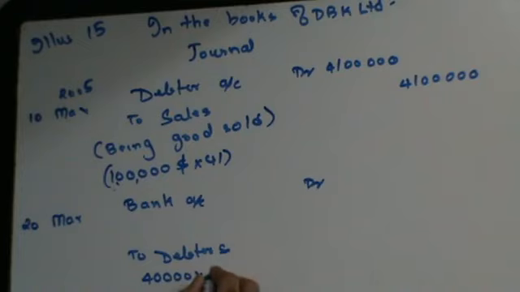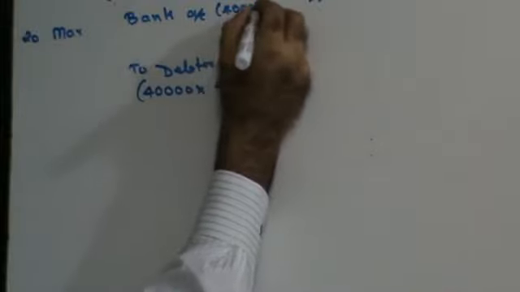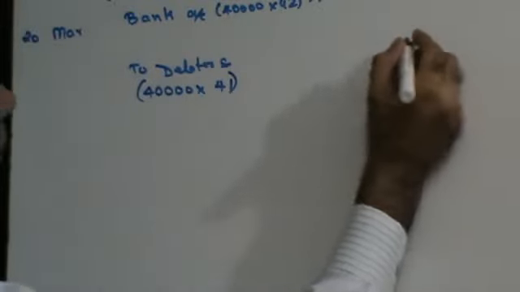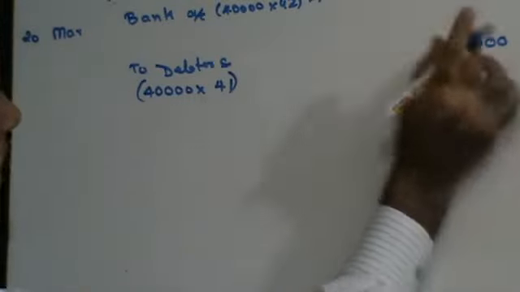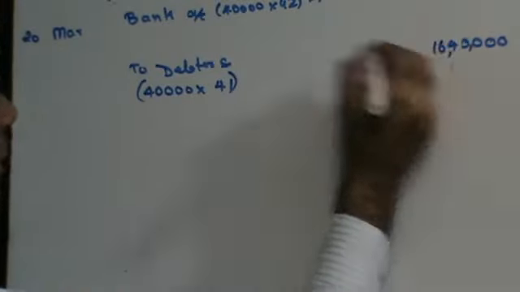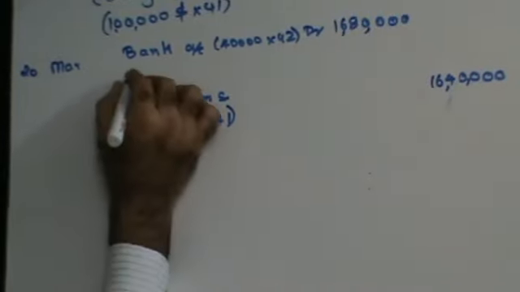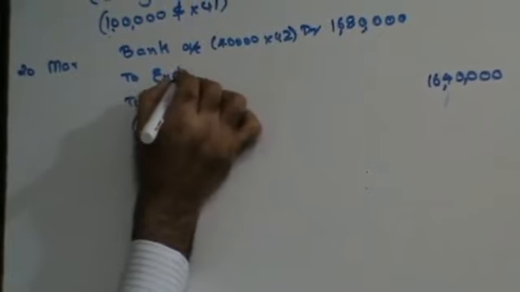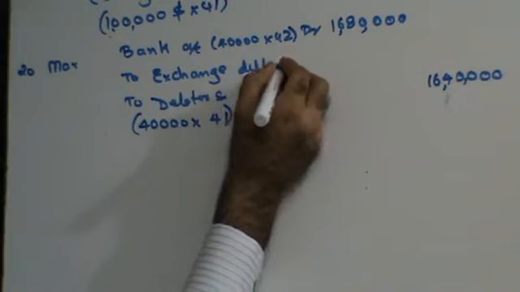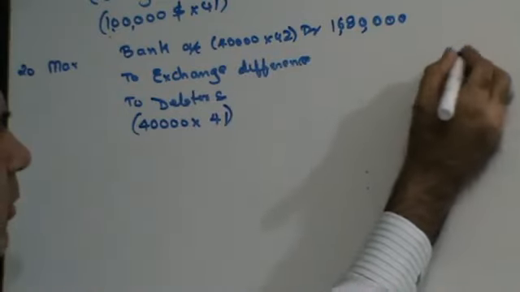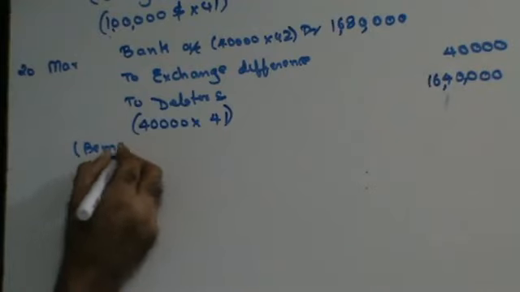When you had sold, you sold at the rate of 41 and you are receiving $40,000 at the rate of 42. 16 lakh 80,000 and that is 16 lakh 40,000. The difference is 40,000. That will be the exchange difference, being payment received.